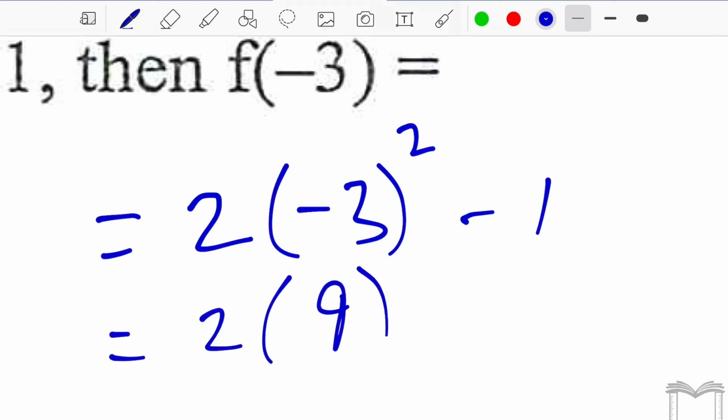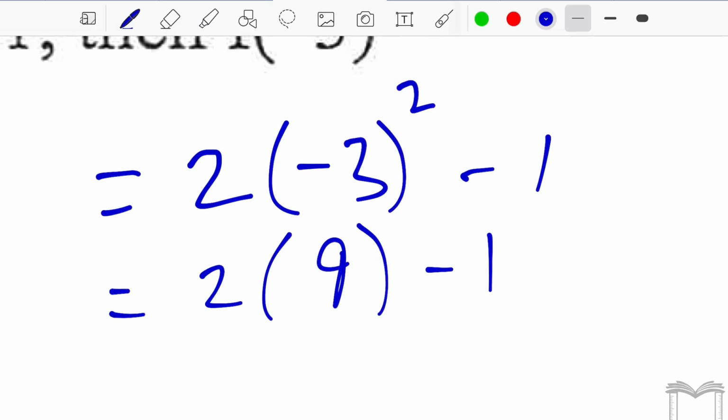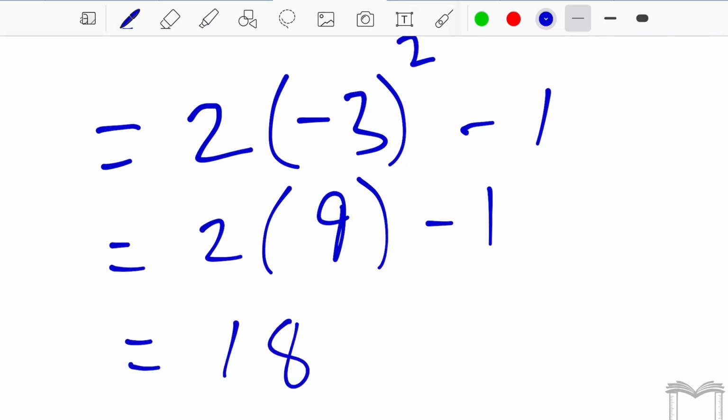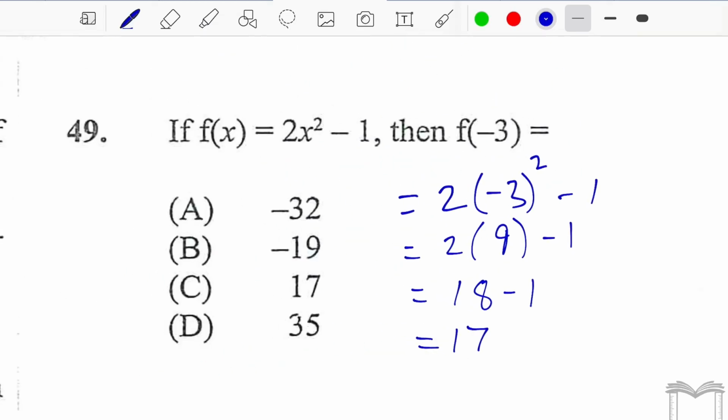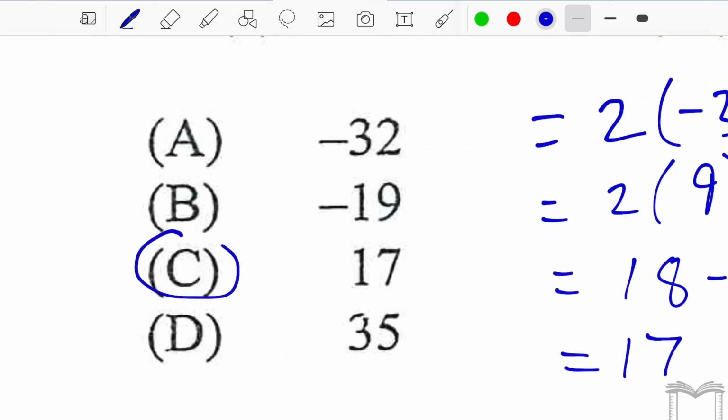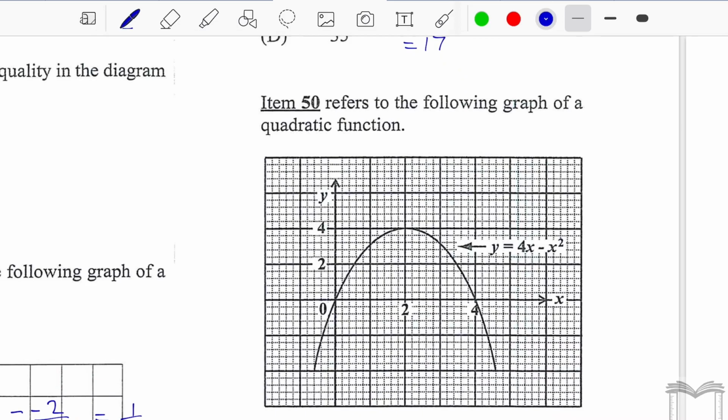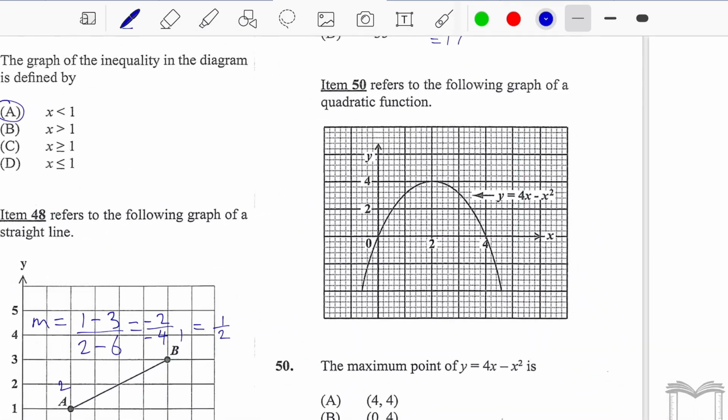Minus 3 squared is equal to 9. So that's 2 times 9 minus 1. 2 9s are 18. So that's 18 minus 1, which is equal to 17. So the answer is C.